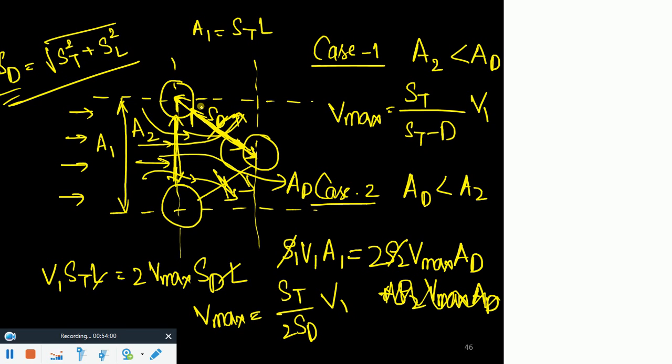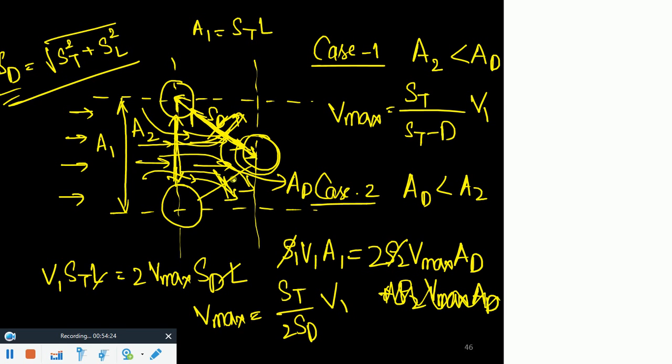Yes, hold on. AD is the perpendicular area. Why? Because the flow is going like this, isn't it? Flow would be distributed like this. So this is the perpendicular area. Obviously, if it travels straight, there is a hindrance.